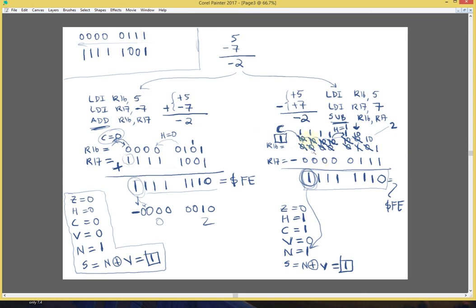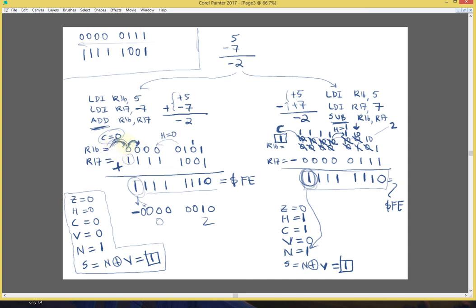It's actually simple. Overflow occurs whenever there is a borrow from bit 7 to bit 6, in the case of 8-bit arithmetic, or a carry from bit 6 to bit 7, but there is no carry out. So if you have this but not that, you have an overflow. And if you have this but not that, you have an overflow.